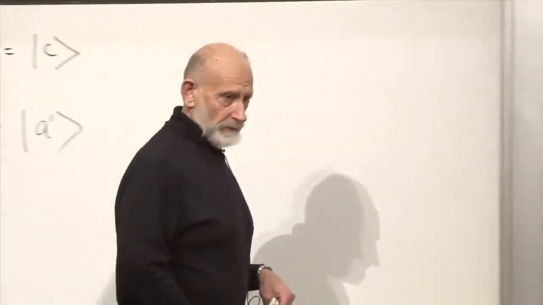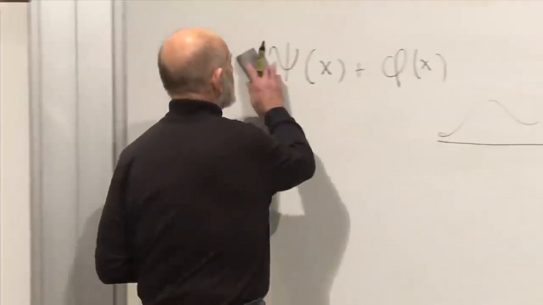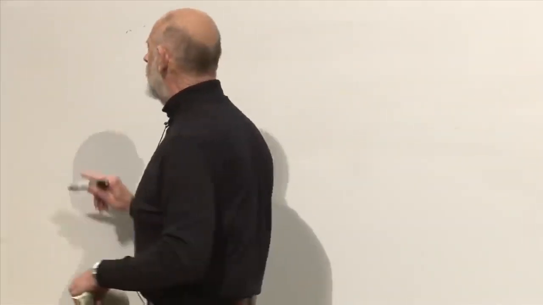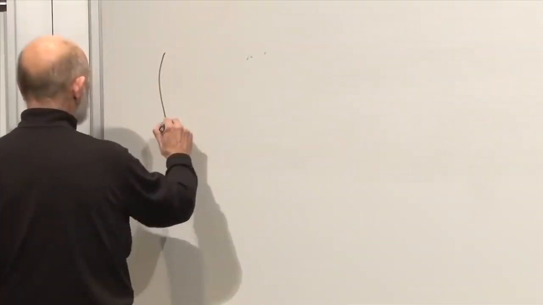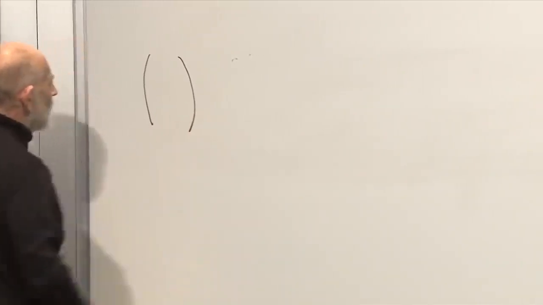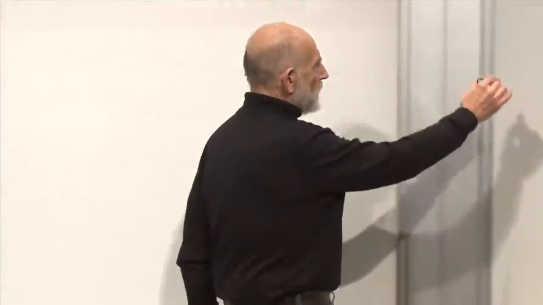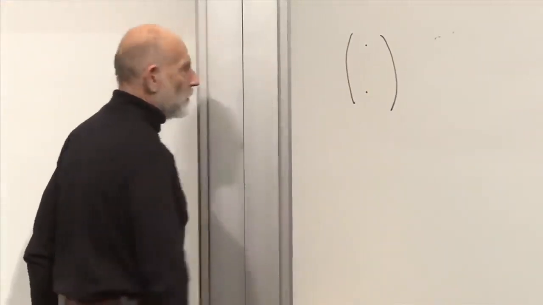I'll give you another complex vector space. Let's just make some symbols. A bracket, and put two entries into the bracket.